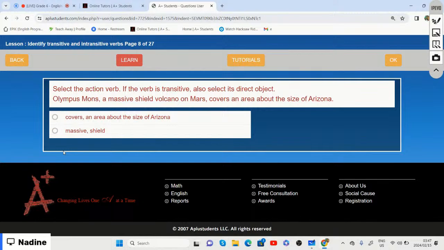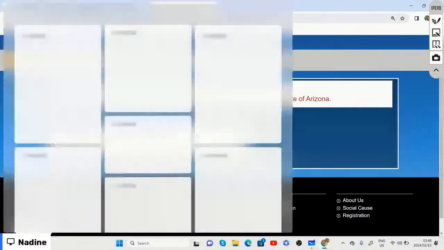If we select the correct one, we'll say covers an area about the size of Arizona.